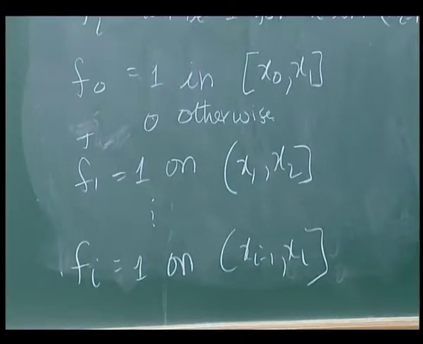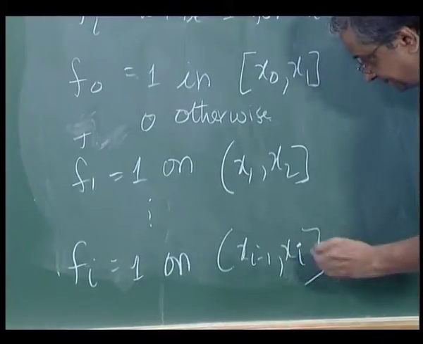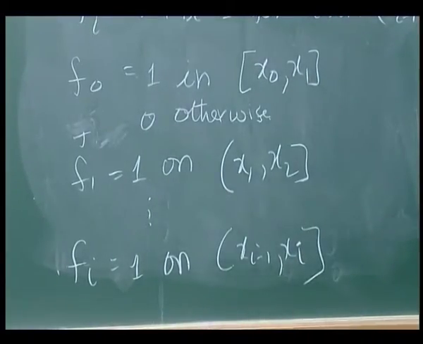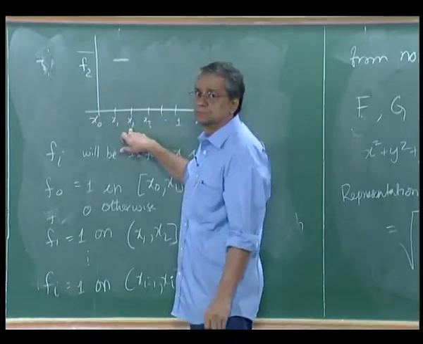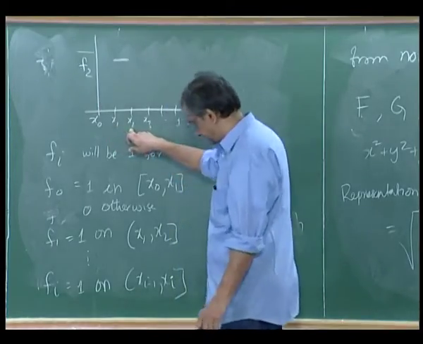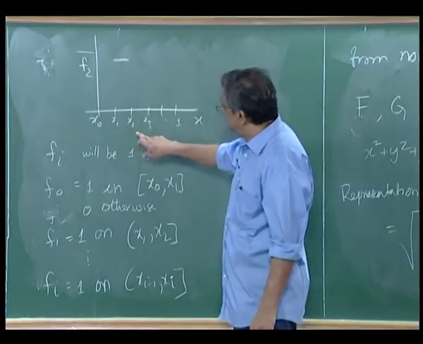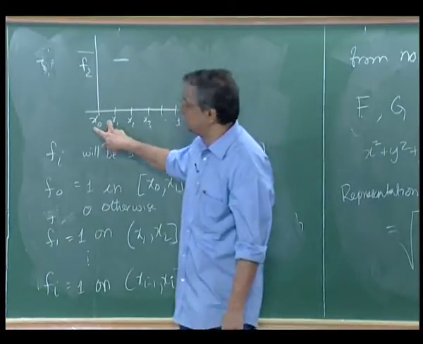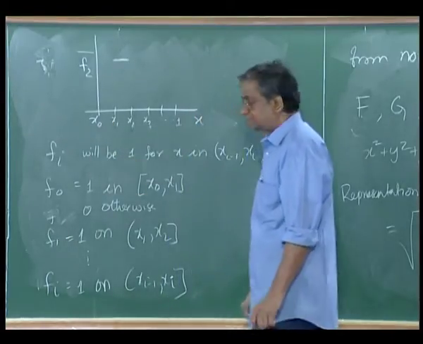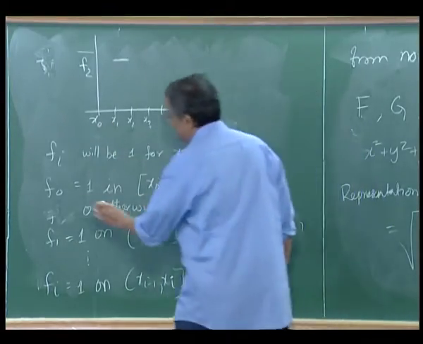Did I make a mistake? So f2 would go from 1 to 2 and f3 would go from 2 to 3. F1 will go from 0 to 1. Oh, I started at f naught, I am sorry.